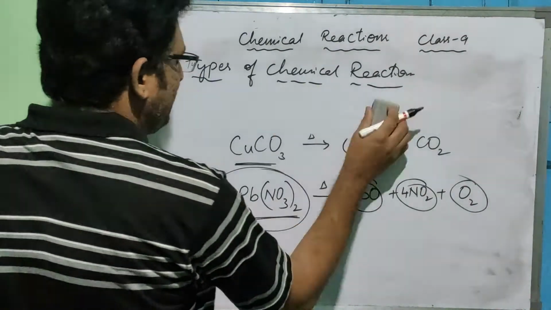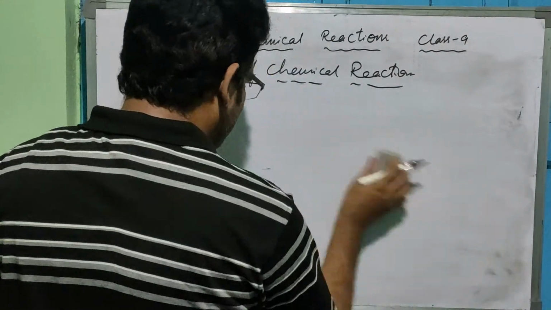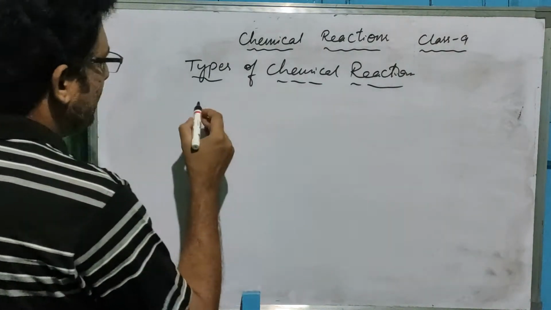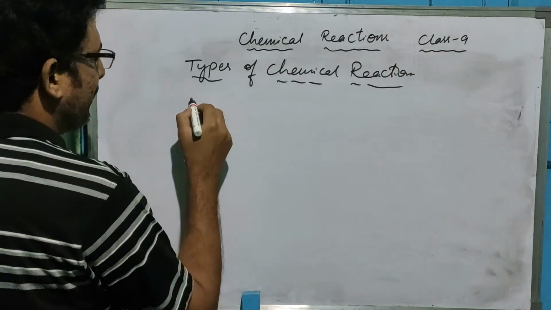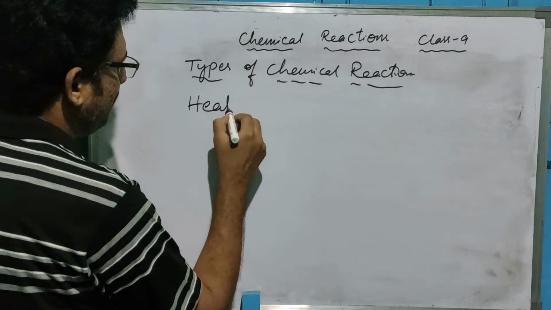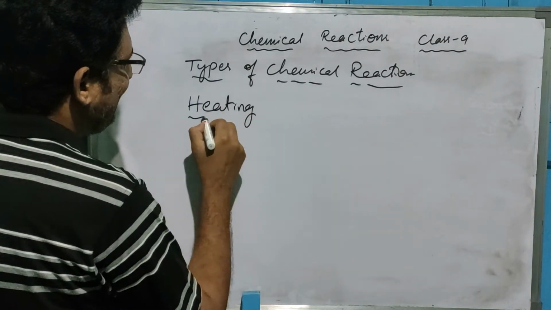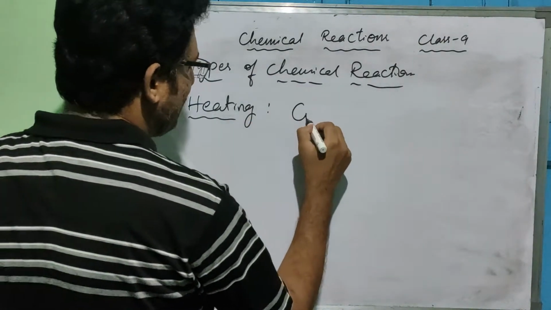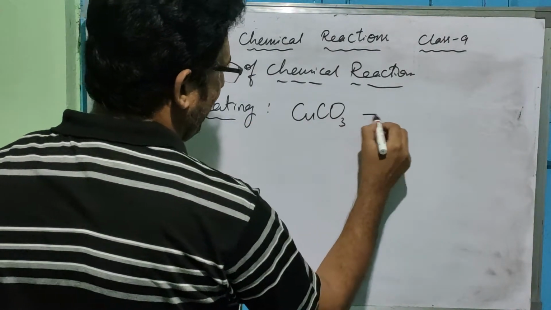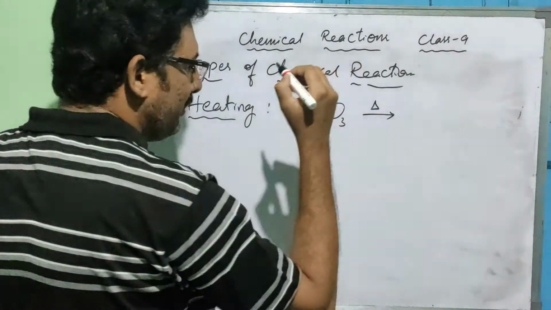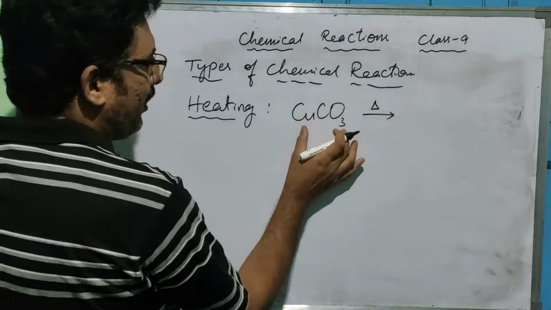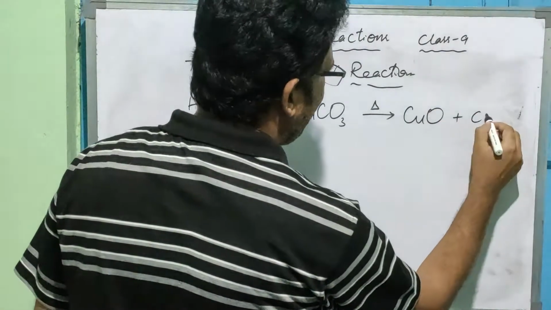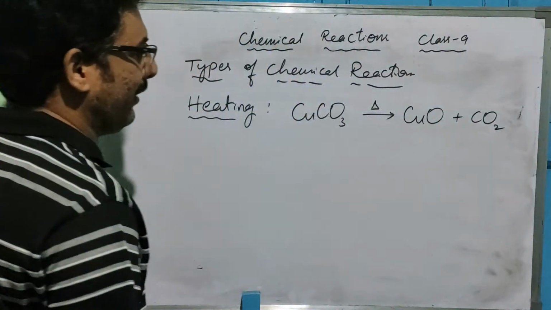Let's see the conditions required for this decomposition reaction. The first condition is heat. You need to heat the substance to decompose it. For example, copper carbonate has to be heated to decompose into copper oxide and carbon dioxide.